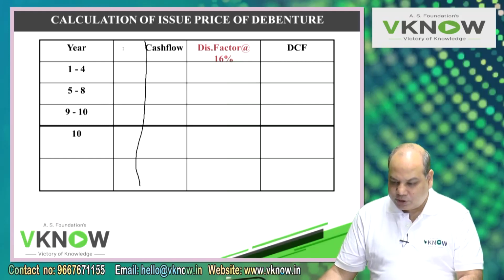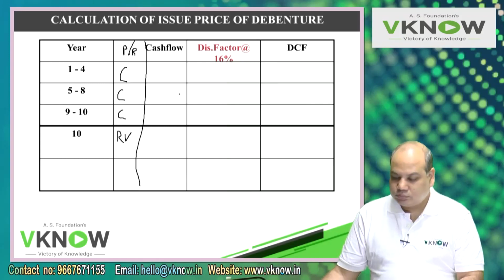There is a particular column also in the format for writing coupon, coupon, coupon and redemption value. What is the discount rate you will write here? 16%. I have kept it blank for you to write 16%.